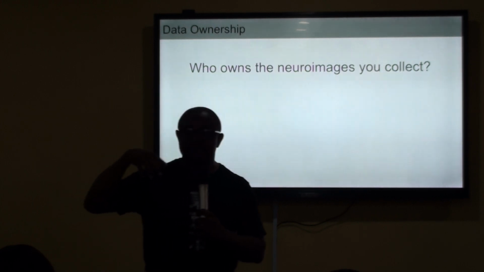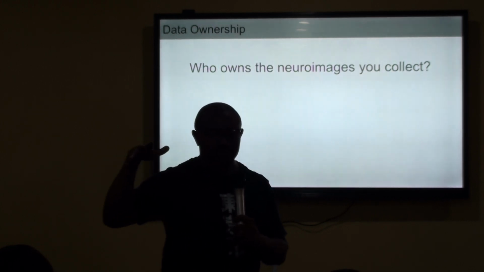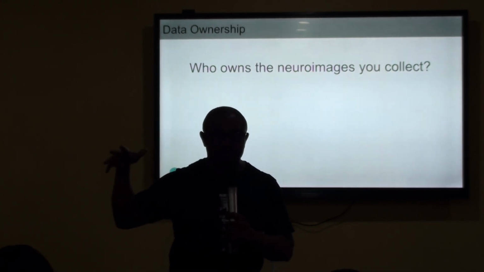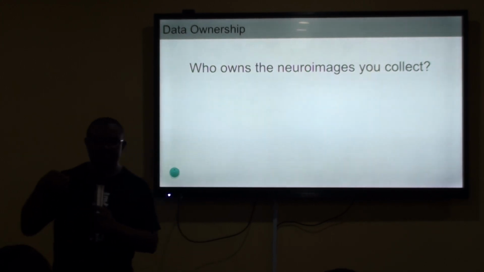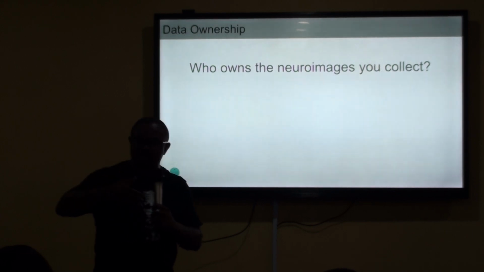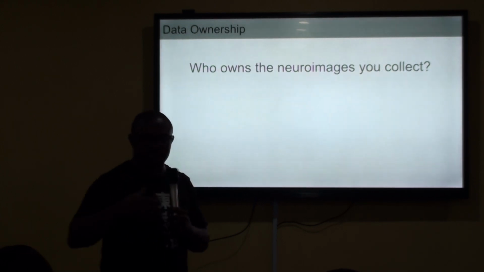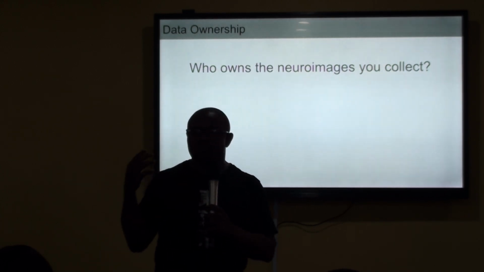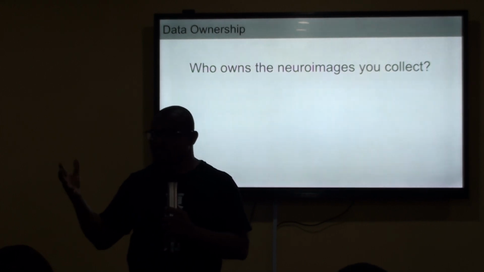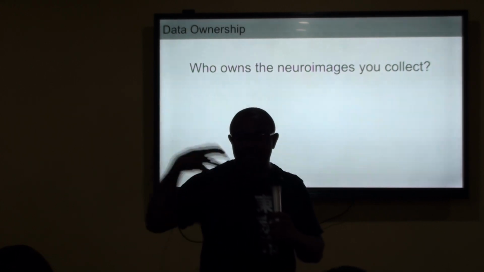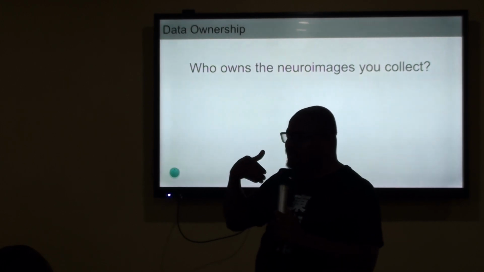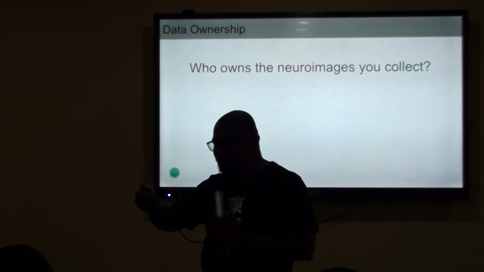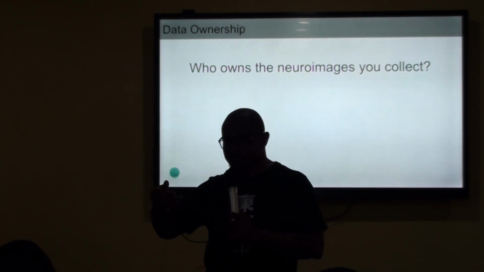Most often, there is the condition of storing the data somewhere else. Most often, we willingly store the data somewhere else, right? So when COVID hit, when we were supposed to make use of our own data for our own benefit, we didn't even have access to it, right?